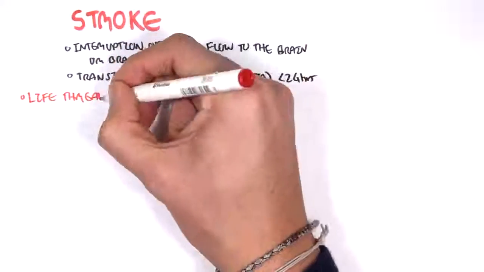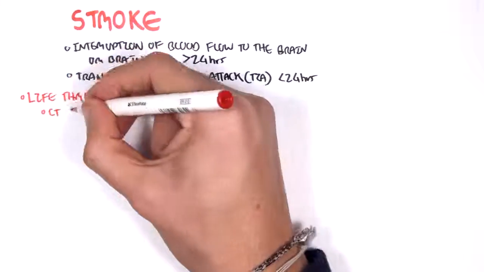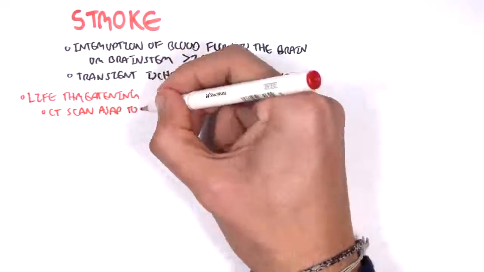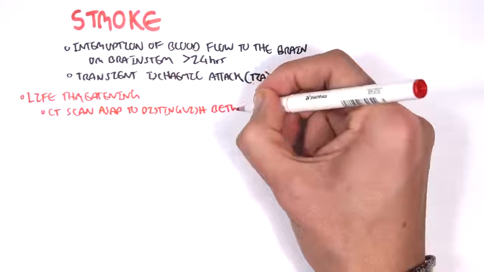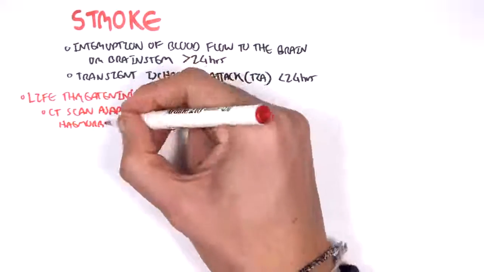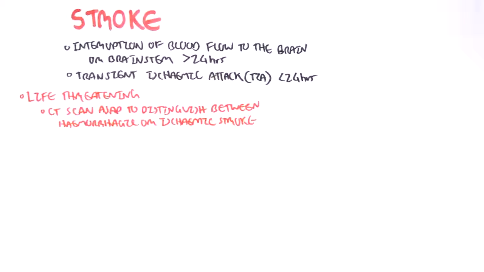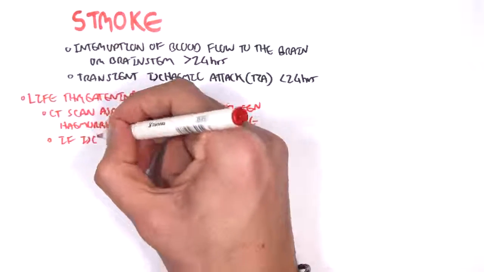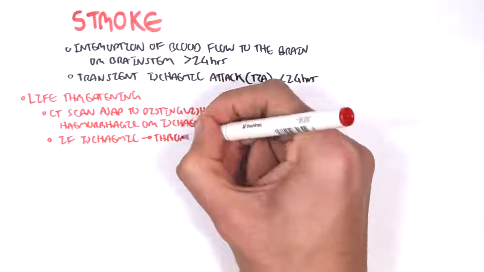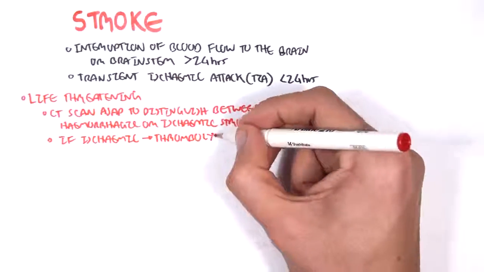Stroke and TIA are life-threatening. A CT scan has to be conducted as soon as possible to distinguish between two types of stroke, hemorrhagic and ischemic stroke. If it's an ischemic stroke, thrombolytic therapy has to be initiated as soon as possible.